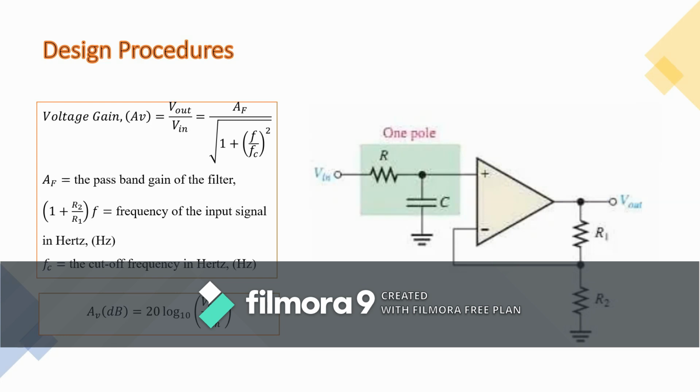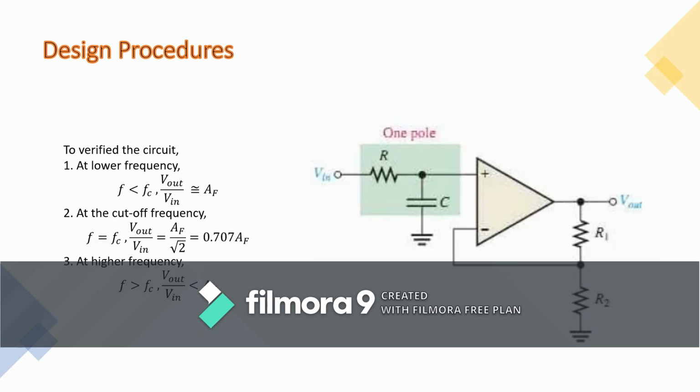AF is the pass band gain of the filter, or the DC gain, which is 1 plus R2 over R1. In order to obtain the gain in dB, we can use the formula 20 log Av, or 20 log Vout over Vin.